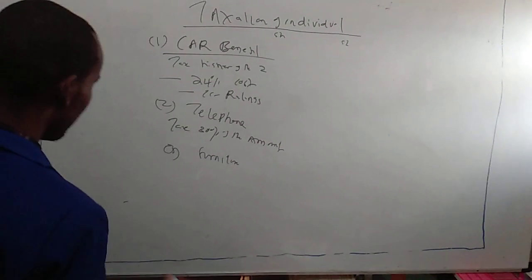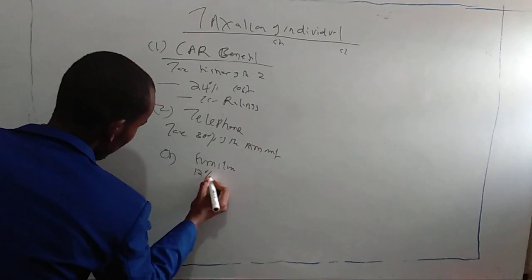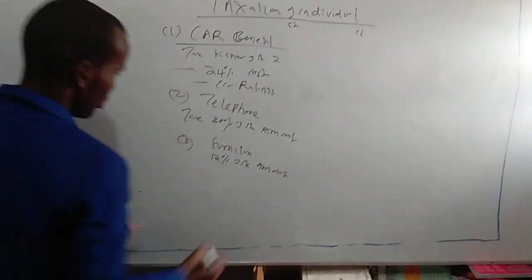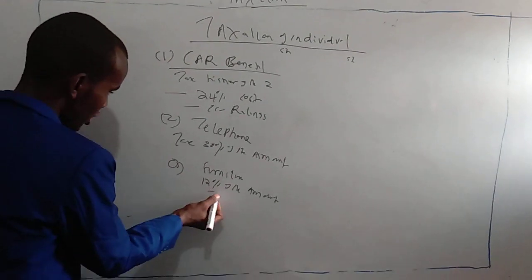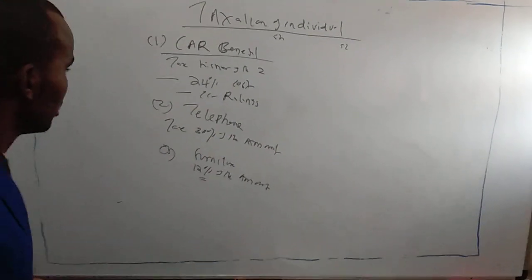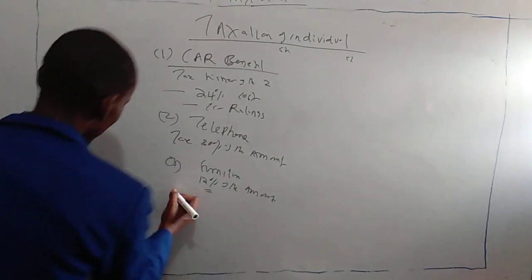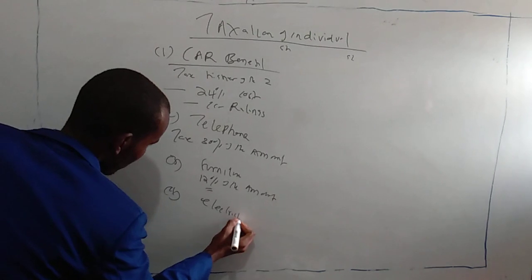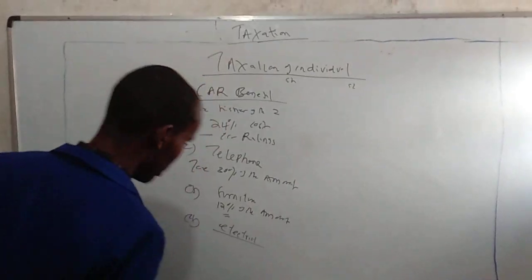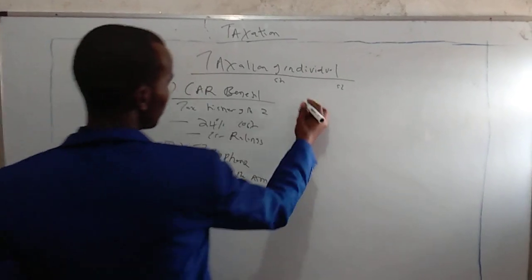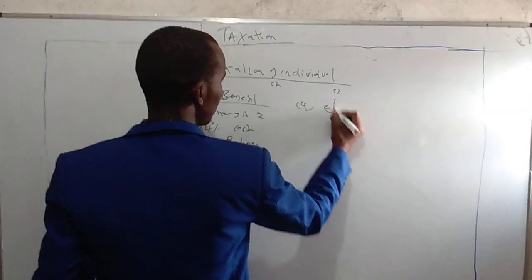Under furniture, we take 12% of the amount. If you are given furniture, you take 12% of the amount, then you tax that. Telephone, you take 30%. Number four, electricity.